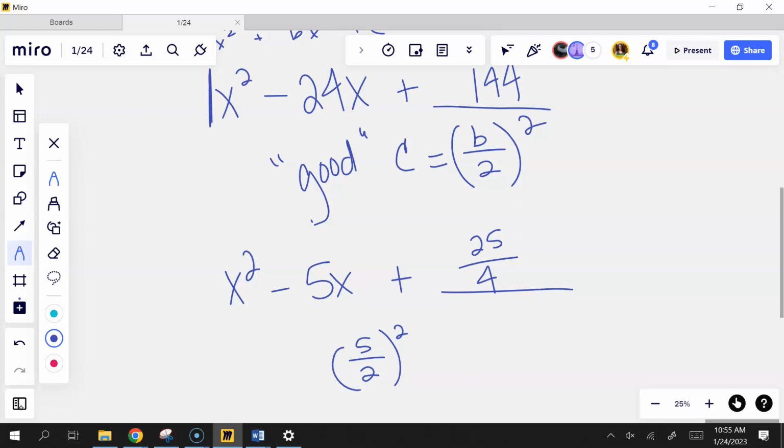Divided by 2 and squared. So just put it over 2 and square the top and bottom. Okay, we'll hope that that comes to us as we practice this a little bit.